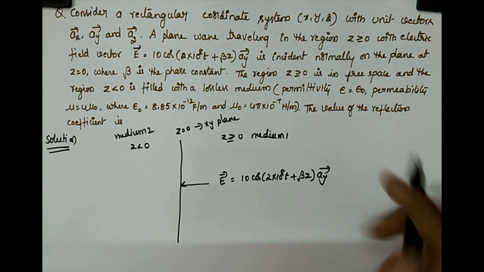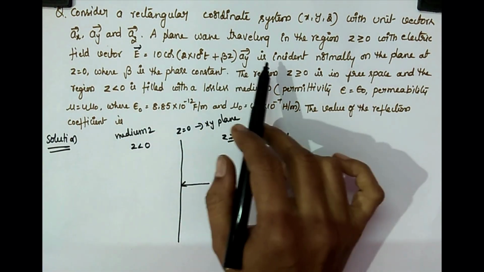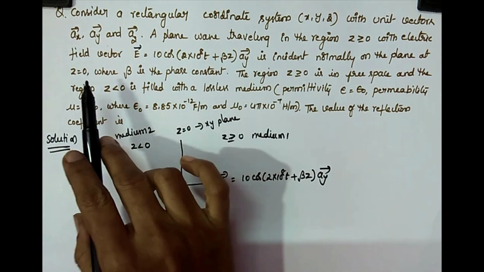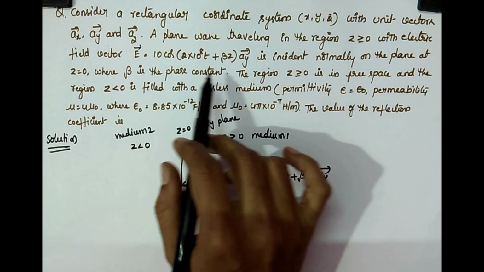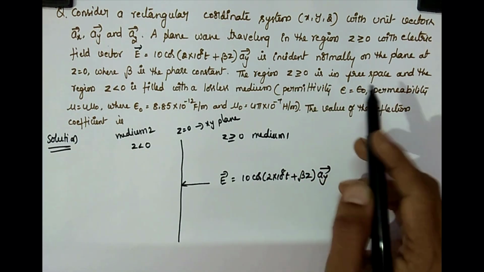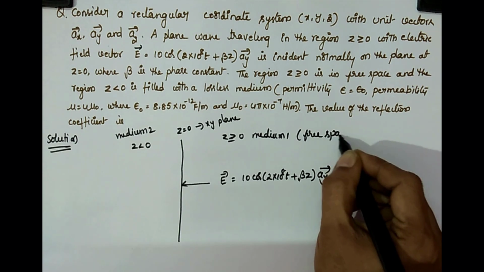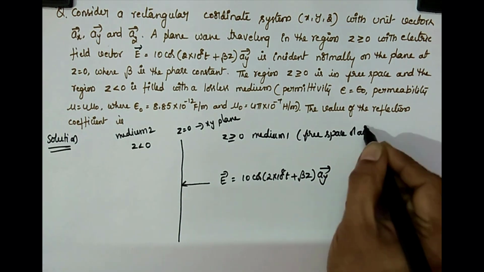The region z ≥ 0 with the electric field vector is incident normally on the plane at z = 0, where β is the phase constant. z ≥ 0 is free space, so medium 1 is free space, or air medium.